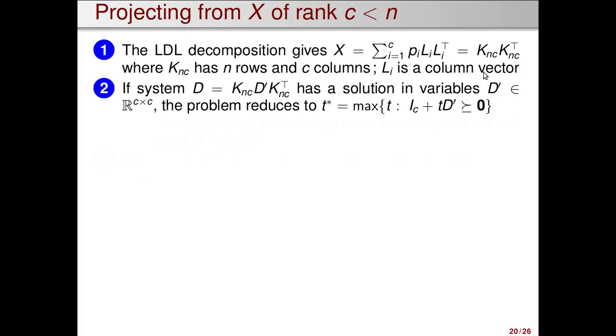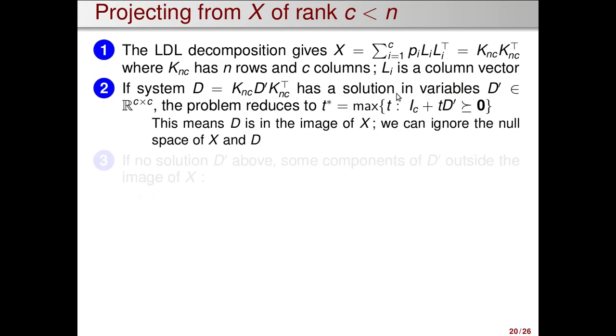If this has a solution in variables d prime, the problem reduces to something very similar to the previous case, to this one, which is solved by finding the minimum eigenvalue of d prime in the world of C by C matrices.